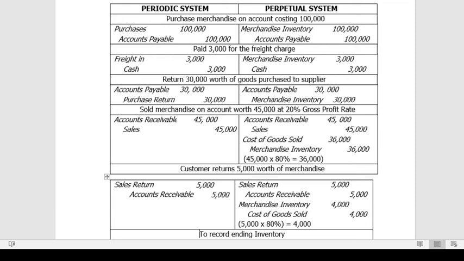Under the periodic system, gumagamit ng purchases account, purchase return, whereas, under the perpetual system, diretso sa merchandise inventory ang lahat ng items related to inventory. And kapag nakapagbenta, nagre-recognize kaagad ng cost of goods sold na account title.